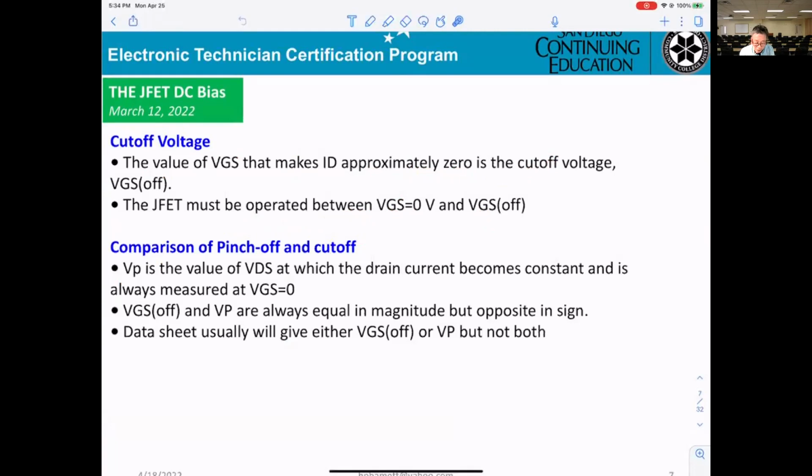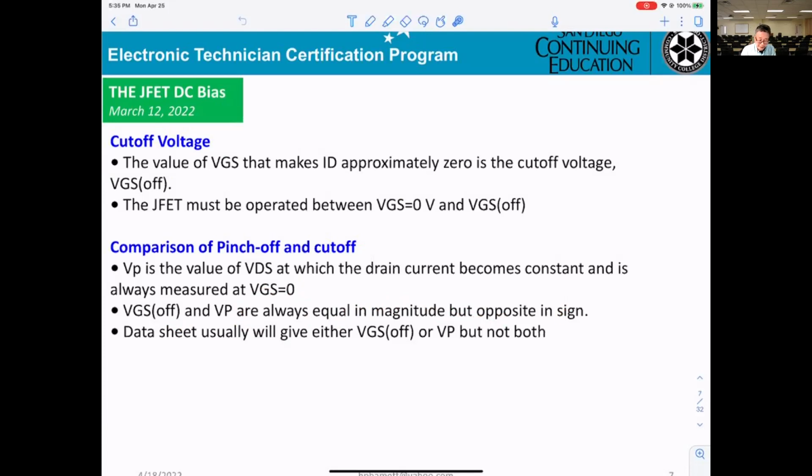Comparison of pinch-off and cutoff: VP is the value of VDS at which the drain current becomes constant, and it is always measured at VGS equal 0. VGS off and VP are always equal in magnitude but opposite in sign.